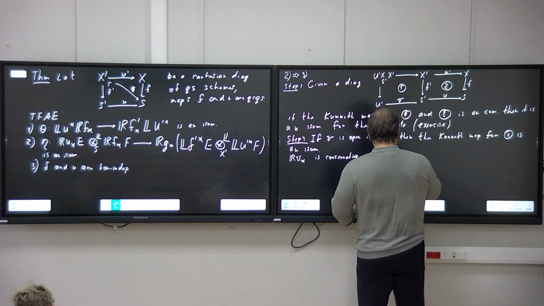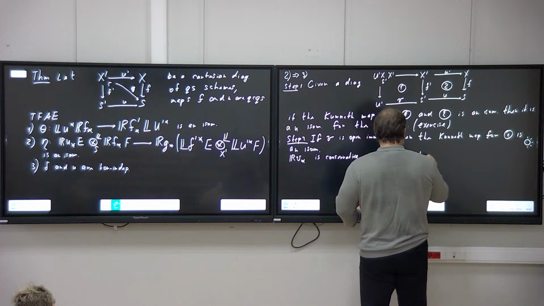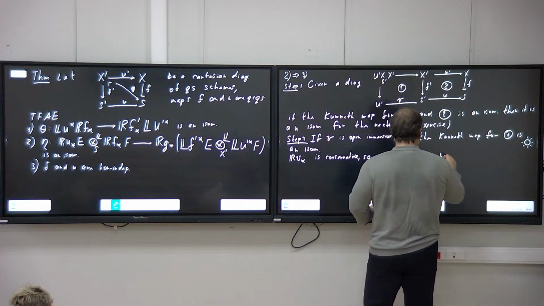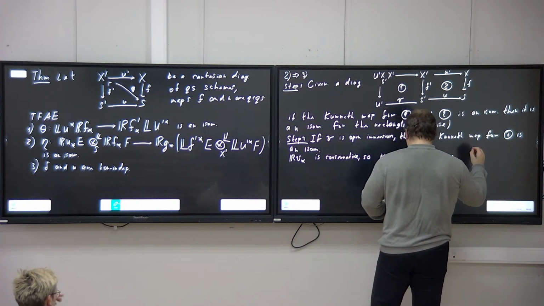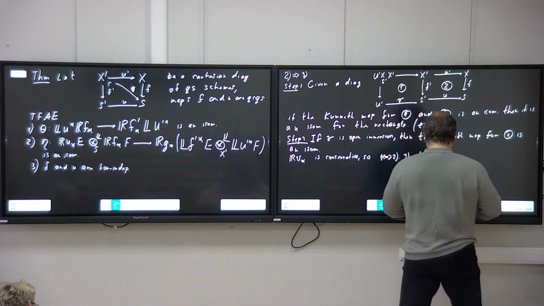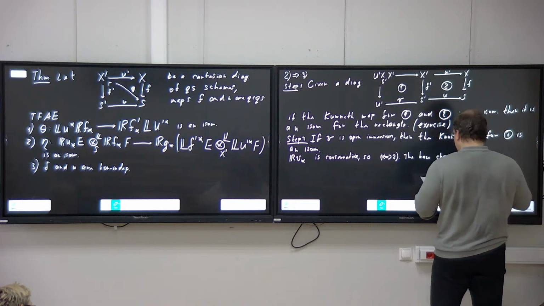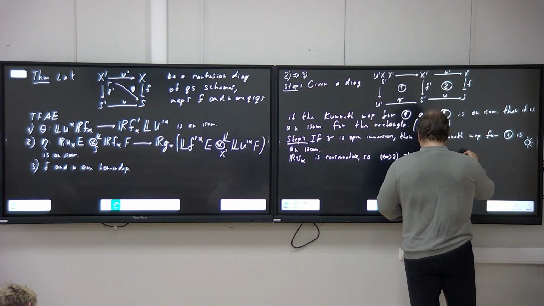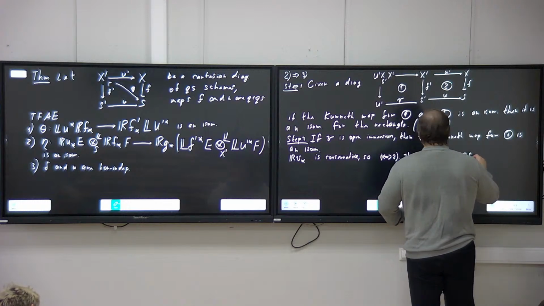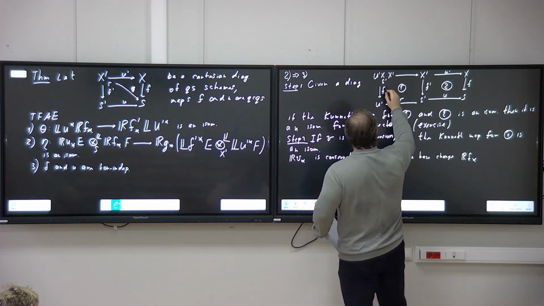So the base change, so let me write the base change in this case. Since this V is just an inclusion of an open subset, I'm going to write it like this. So the push forward along... No, actually I need a name for this map, so let me call this f double prime.